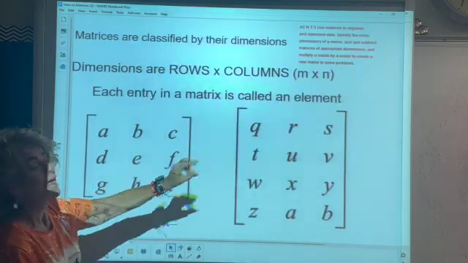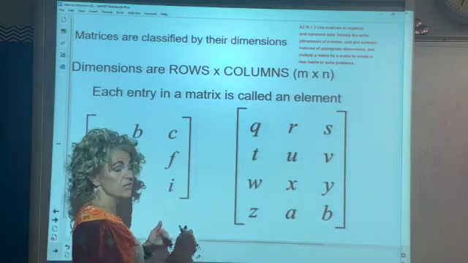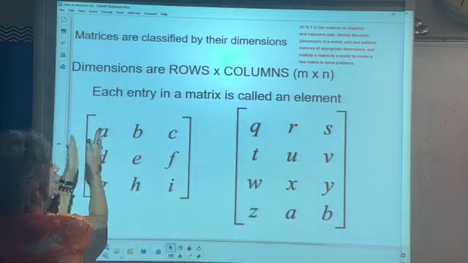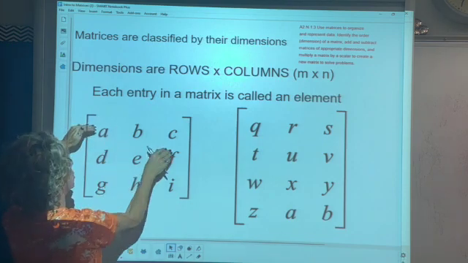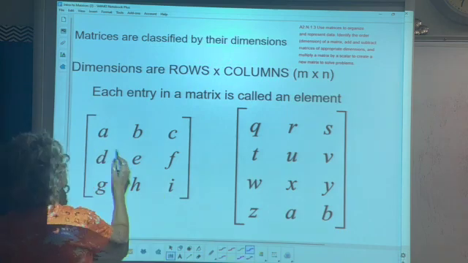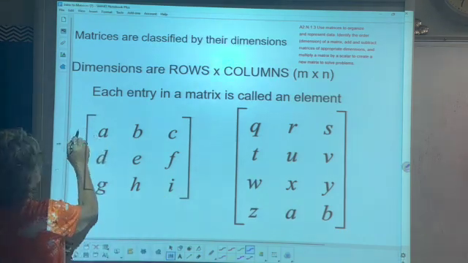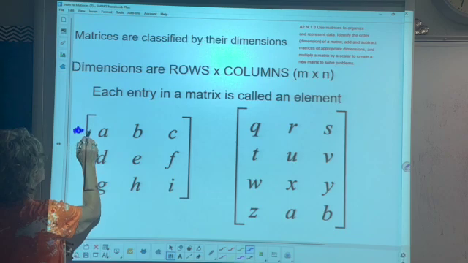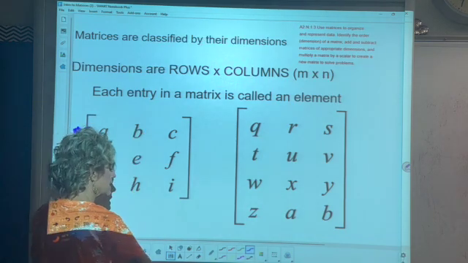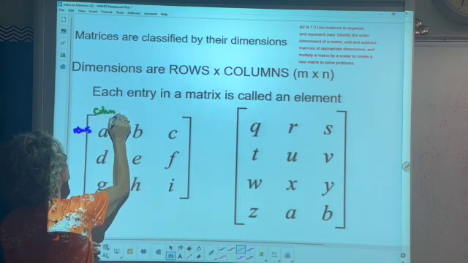Now, these are matrices. Matrices are classified by their dimensions. Their dimensions are rows and columns. Rows are horizontal, columns are vertical. So these right here are rows, and these here are columns.